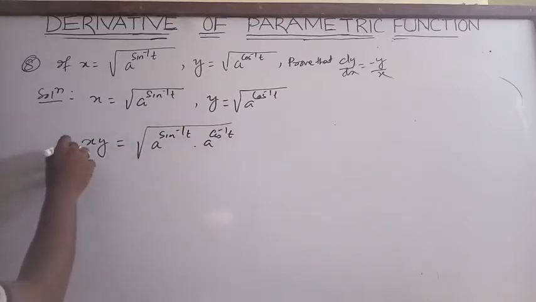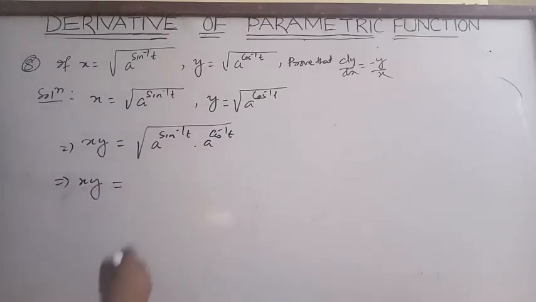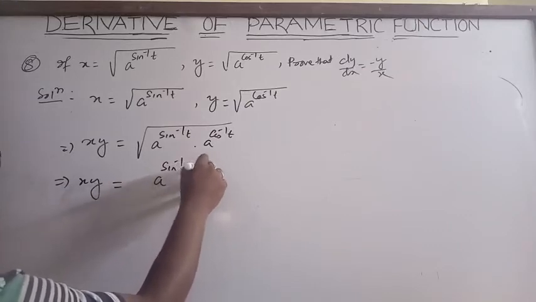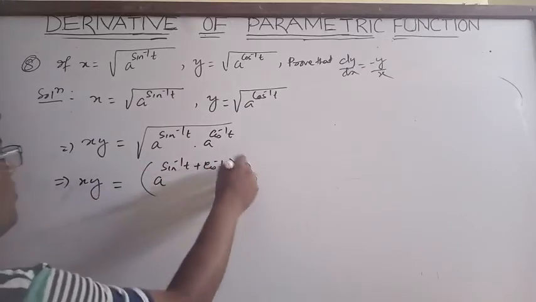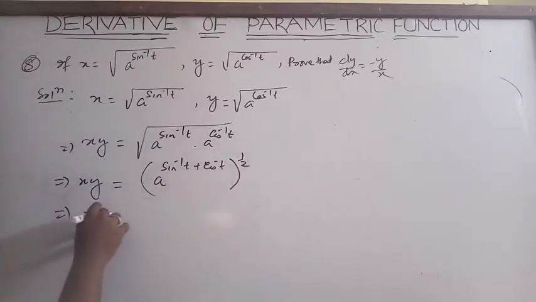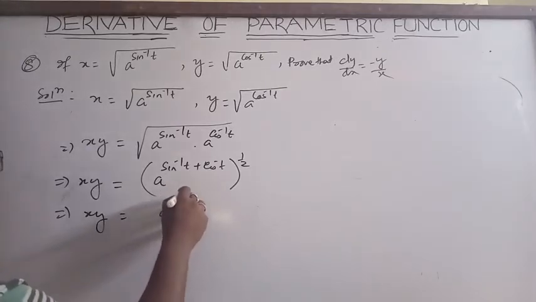So x into y is equal to, this is an alternate method and this is easy, a to the power sin inverse t plus cos inverse t whole to the power 1 by 2. So xy is equal to a to the power, sin inverse t plus cos inverse t, that is pi by 2, whole to the power 1 by 2.